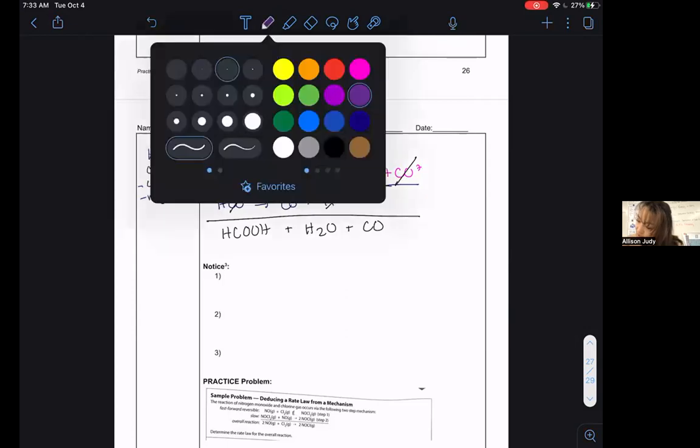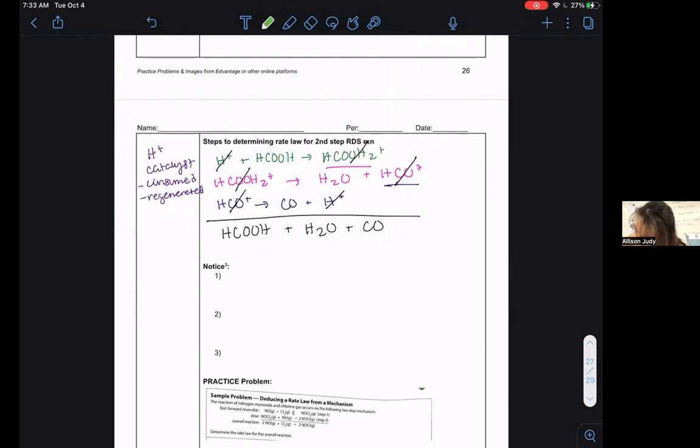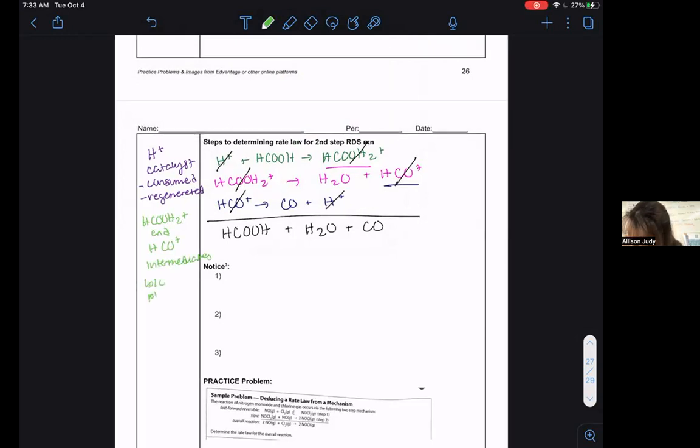But our intermediates were HCOOH2 plus and HCO plus because they were produced but then consumed. Okay, so that's kind of the overall.